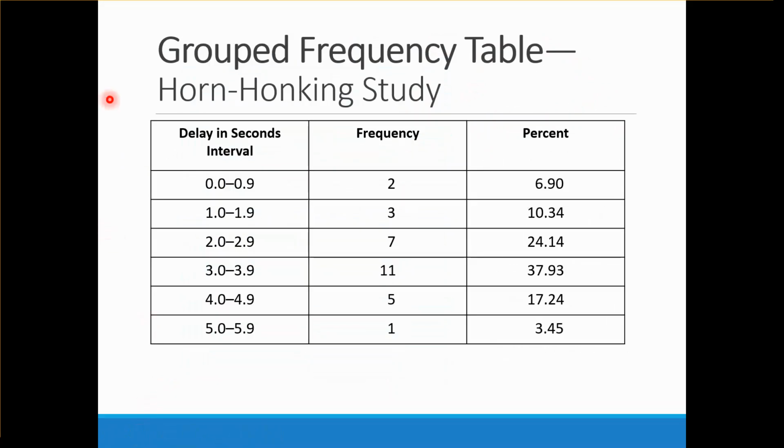If we did the horn honking study in a grouped frequency table, we might collapse the delay in seconds into intervals 0.0 to 0.9, 1.0 to 1.9, et cetera, down to 5.0 to 5.9. And then we could see that right in here is where we have the majority of people. And you could see definitely 3 to 3.9 seconds is the highest frequency.